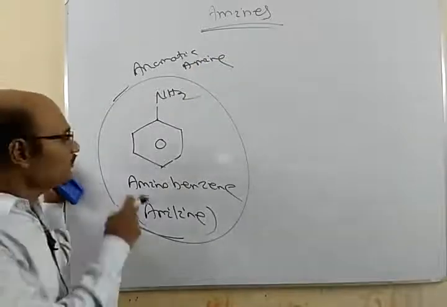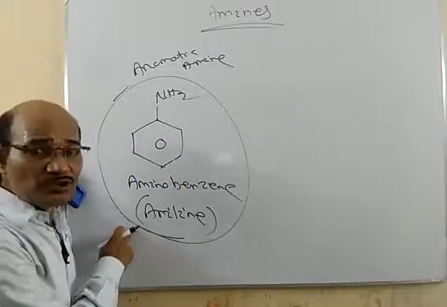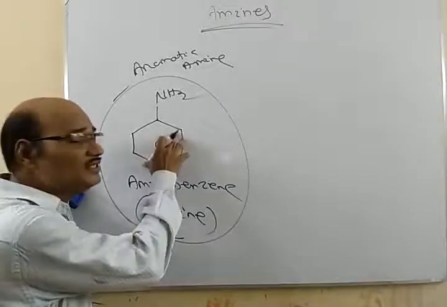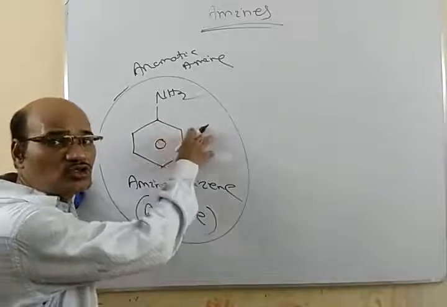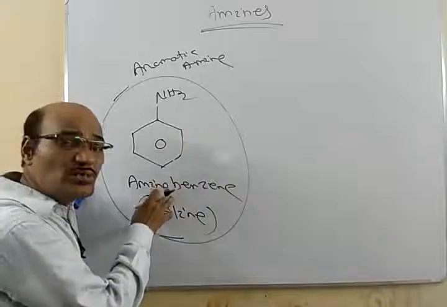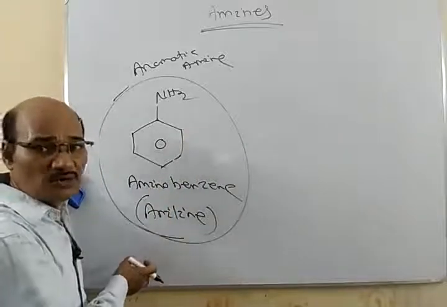Now, from this amine, different groups may be attached to the benzene ring. We can get the ortho product or the para product, and sometimes we can get the meta product also.